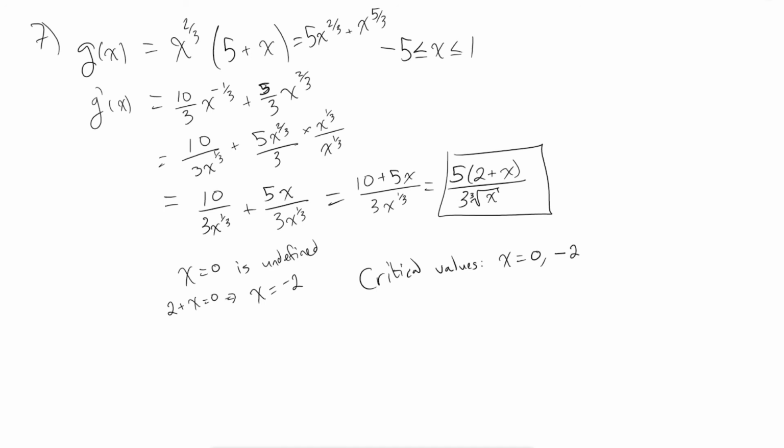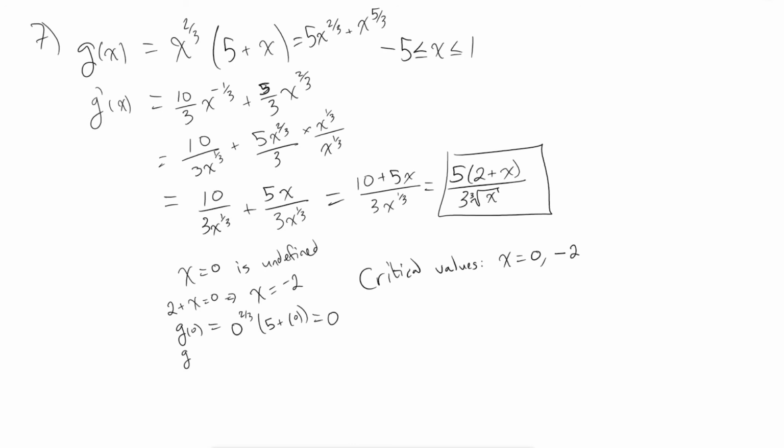We also have to figure out what our value of g is at those points first of all. So g at 0, that's equal to 0 to the power of 2/3 multiplied by 5 plus 0, which is just going to give us a good old 0.